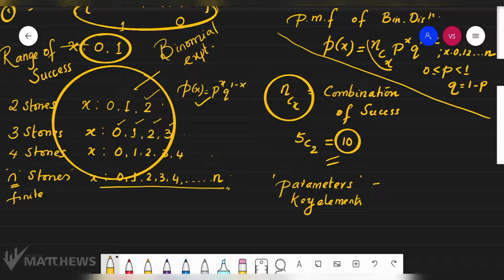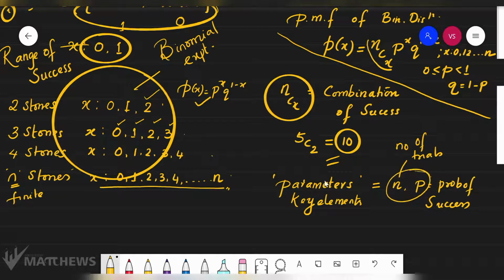They are n and p, students. N indicates the number of trials. P indicates the probability of success. These two are very important elements. N and p are called the parameters.